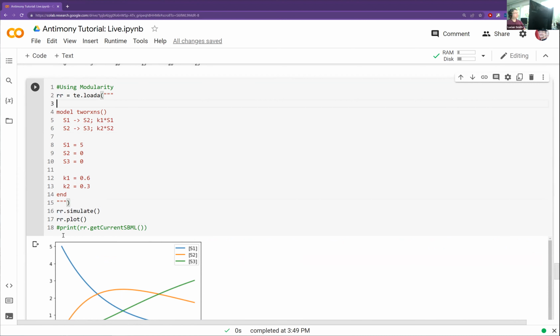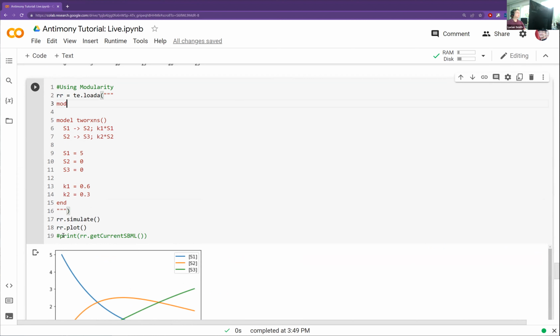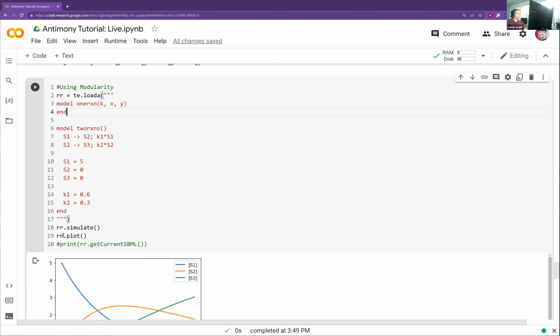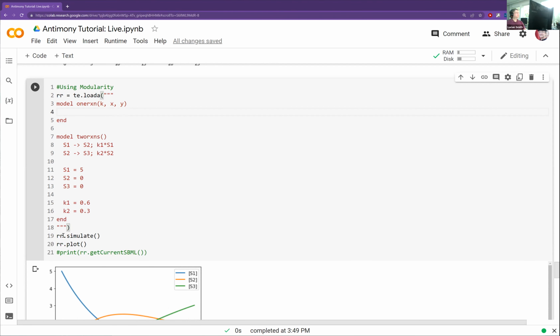That helps because if you have more than one model, you can say model reaction, with a K, an X and a Y. And we'll say X goes to Y at a rate of K times X.